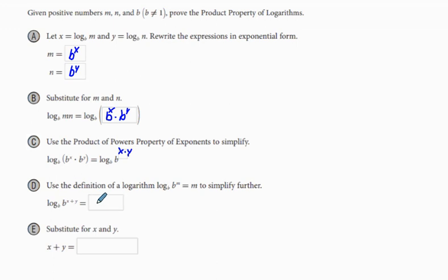Well, what you're going to have is x plus y. When you have log base b of b to a power, the base and the b cancel each other, and you just have left the x plus y. Substitute in for x plus y. We have log base b of m plus log base b of n.